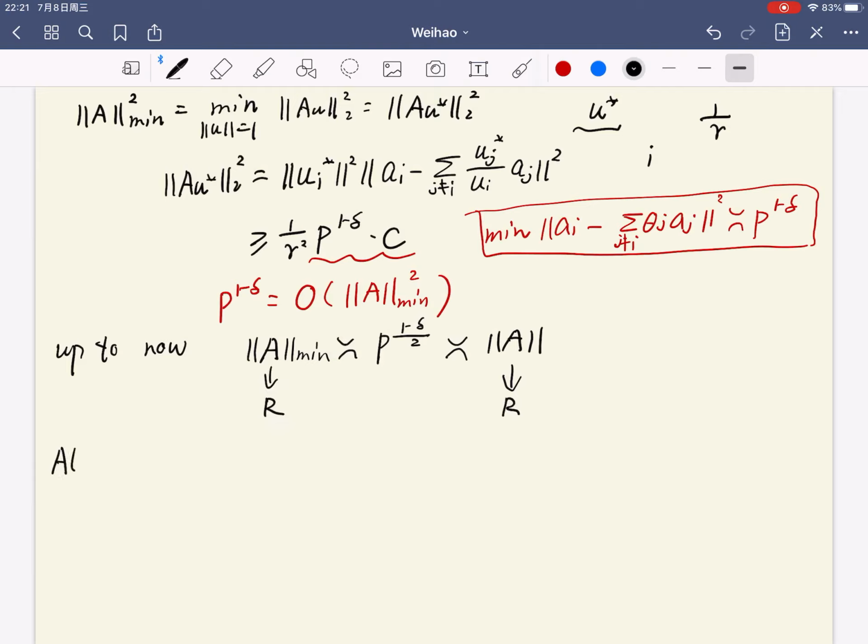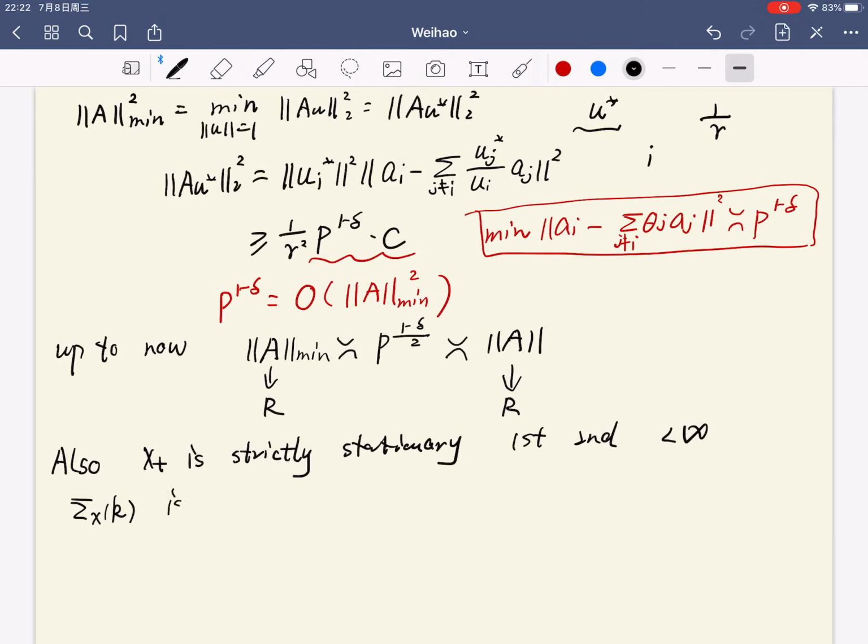Also, we have assumed that xt is strictly stationary with finite first and second moment. So we can treat the elements of the autocovariance for x as of order 1.